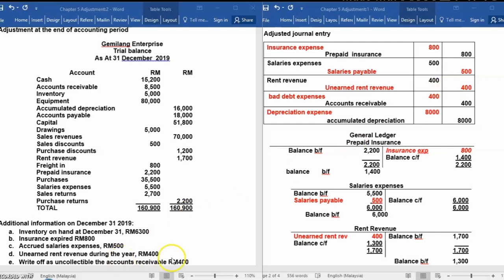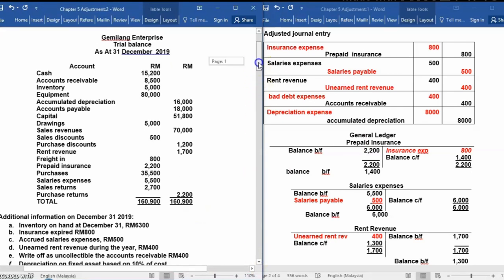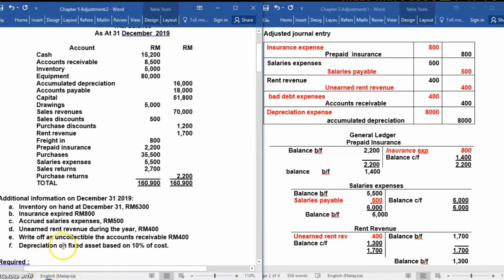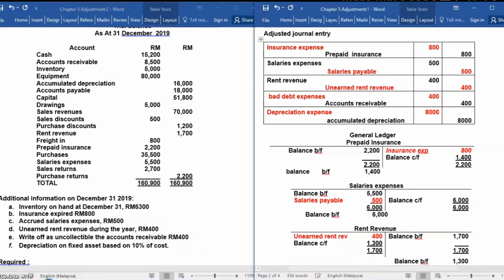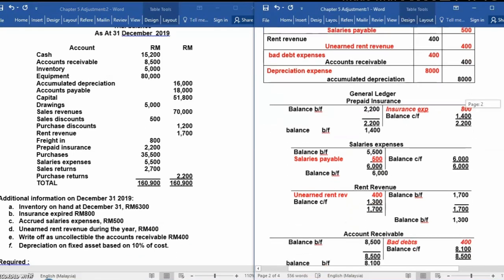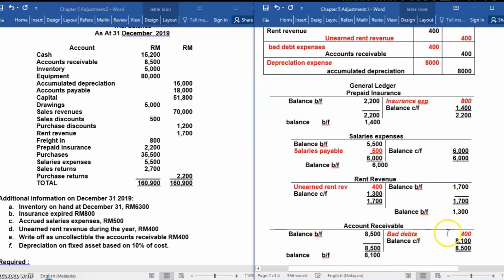The next question: write off as uncollectible the account receivable, or in other words, bad debt written off. So we have to reduce the amount of account receivable because bad debt expenses were incurred during the current accounting period.